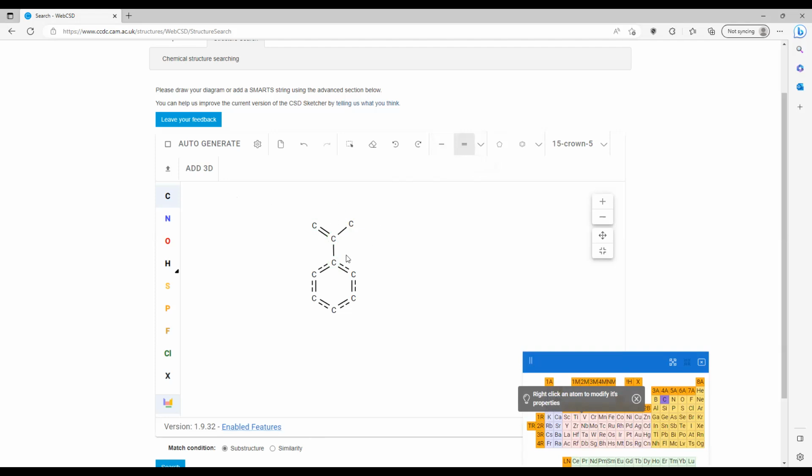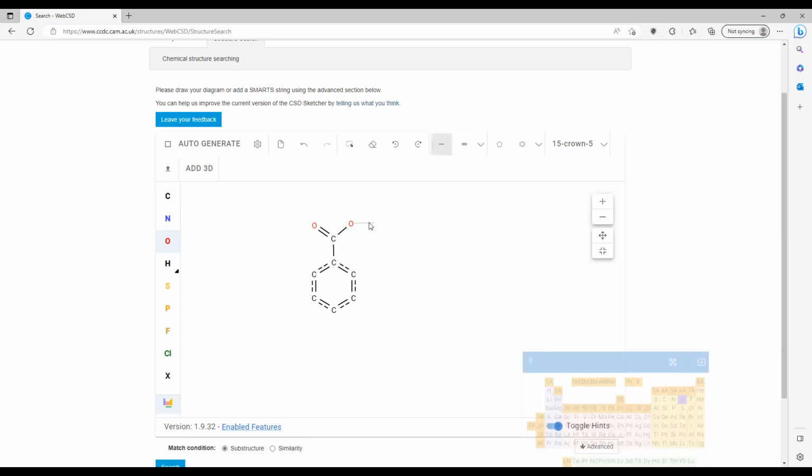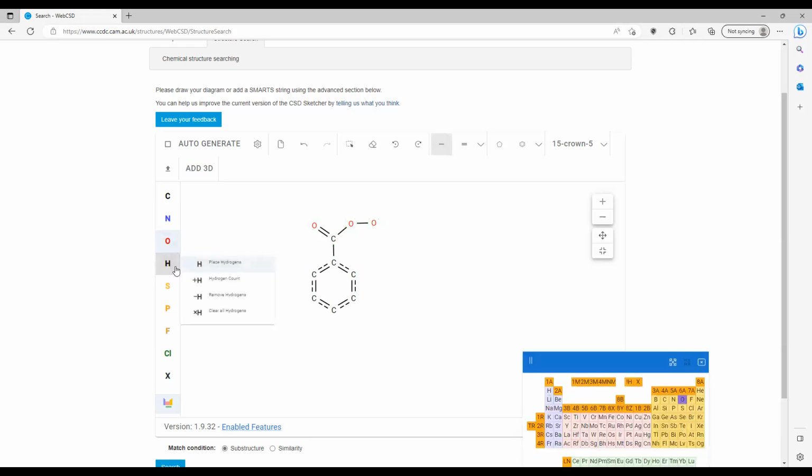And here in our carboxylic acid group, we need some oxygens. This is an oxygen, and this is an oxygen. But if you remember, this oxygen had a hydrogen on it. So now we're going to select single bond and replace that with a hydrogen. So it looks like this. So that's the carboxylic acid component of acetylsalicylic acid.